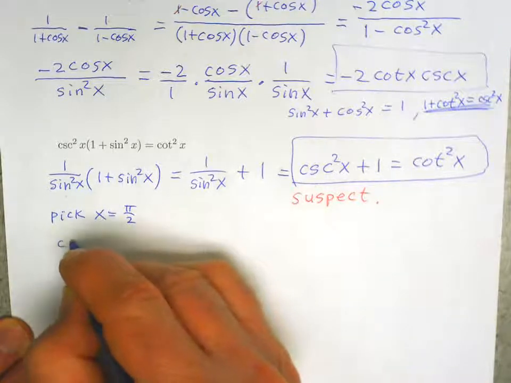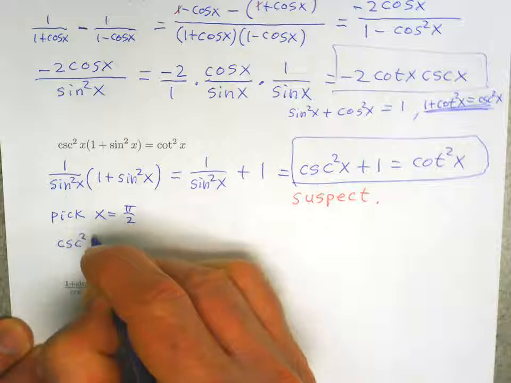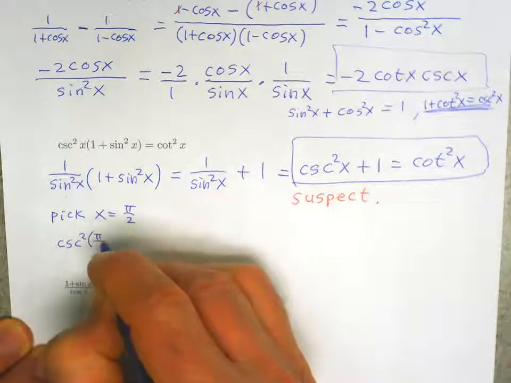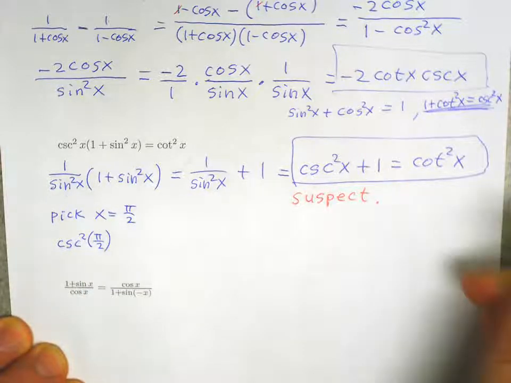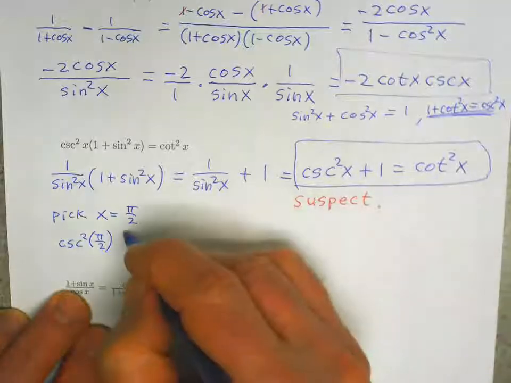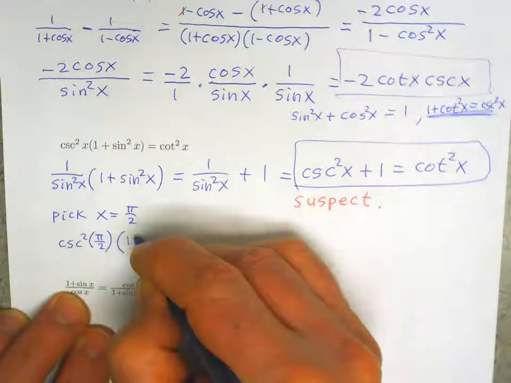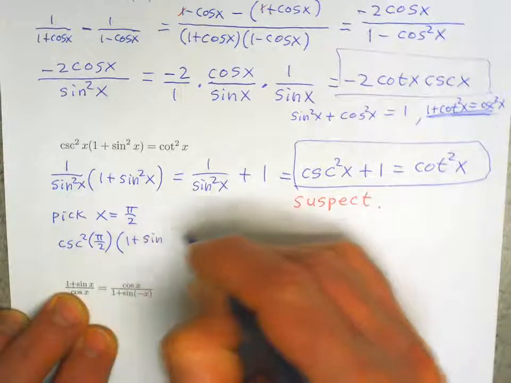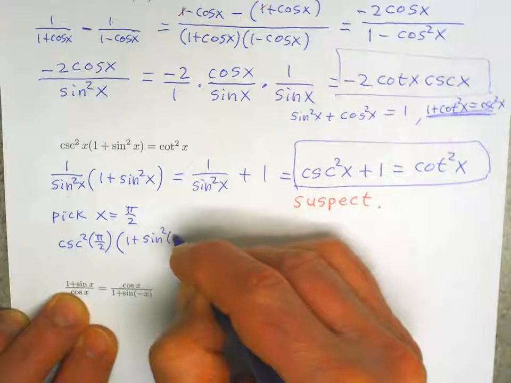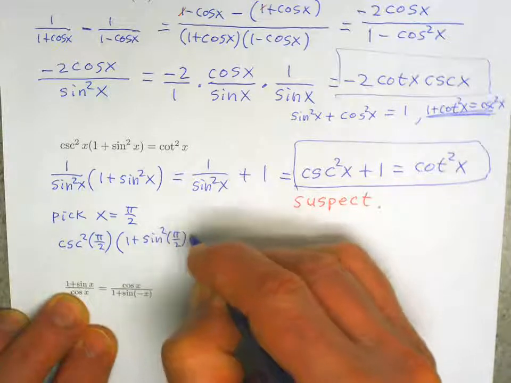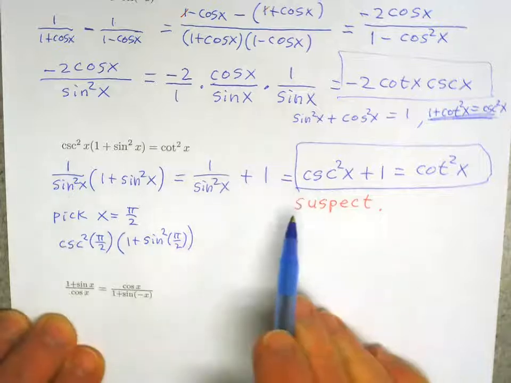So on the left, cosecant of pi over 2 squared times 1 plus sine of pi over 2 squared. This is the left-hand side.